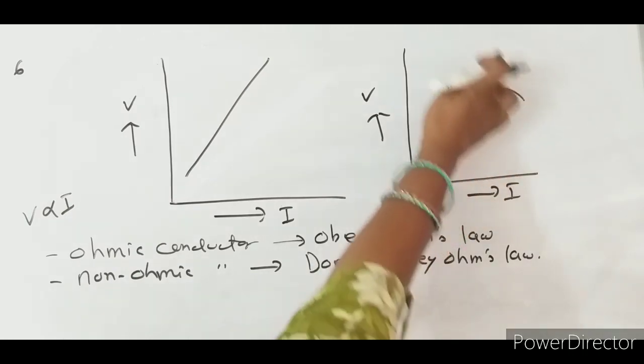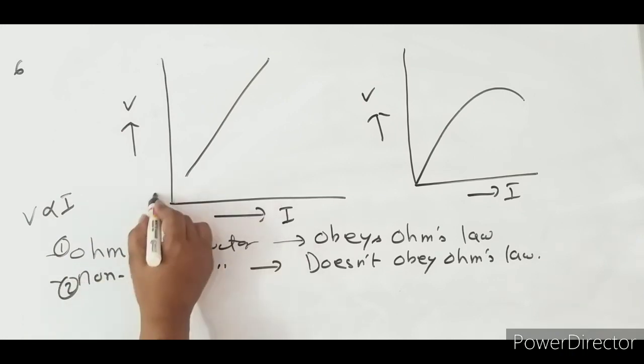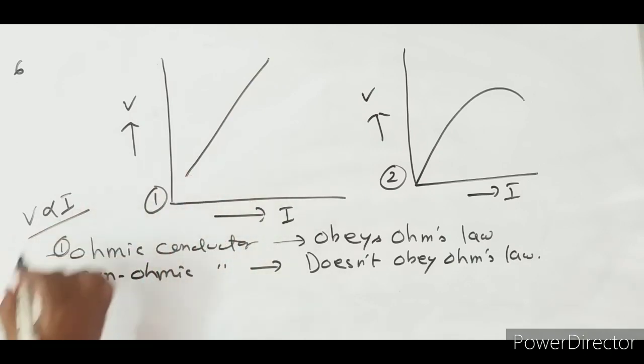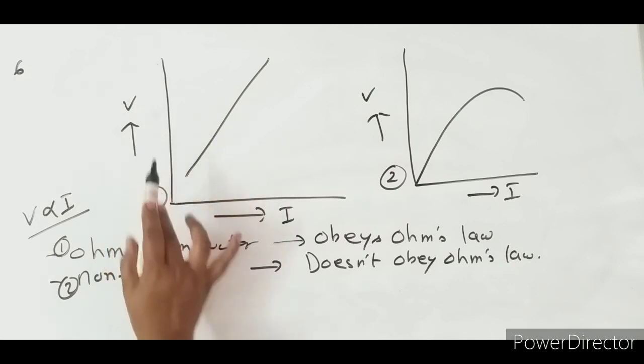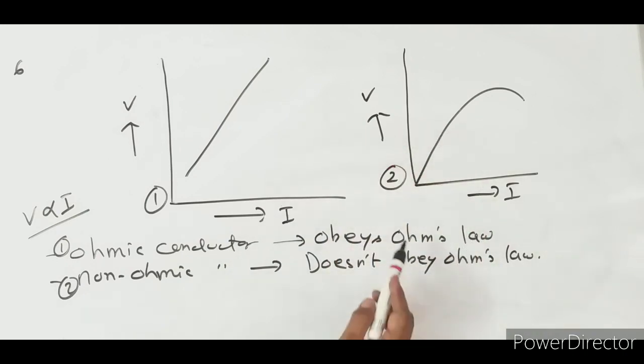It can be like this or like this, which shows that up to some extent it obeys Ohm's law, and after that it does not. This graph is for 1, this graph is for 2, and this one is for the ohmic conductor. As it is directly proportional, as voltage goes on increasing, current also increases. For the non-ohmic conductor, for some time it increases, after that it decreases, or after that again it can increase. So that is your ohmic and non-ohmic conductor.